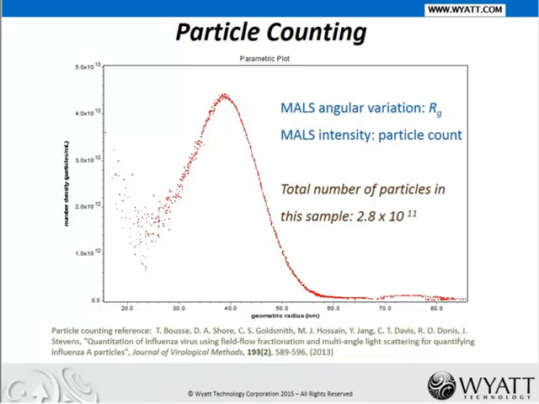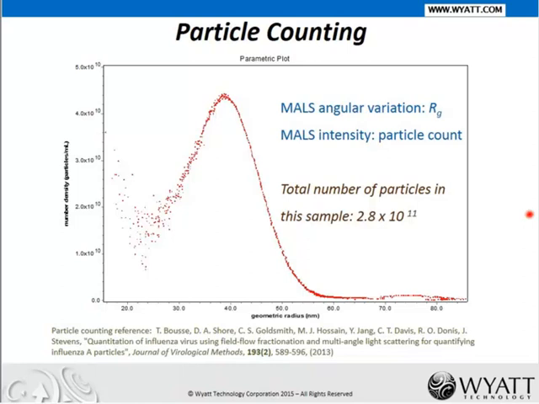Now, MALS not only will help us to measure the Rg size and size distribution, it can also count the particles. And when we integrate the entire peak, then we can calculate the total number of particles in the sample.